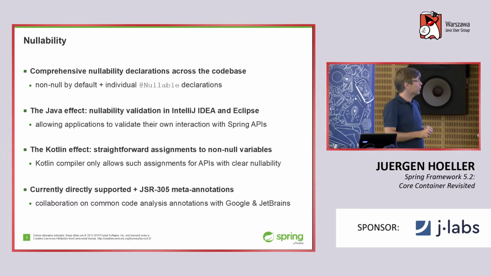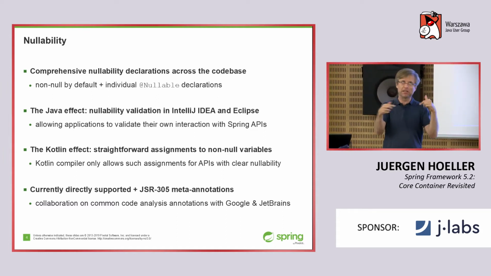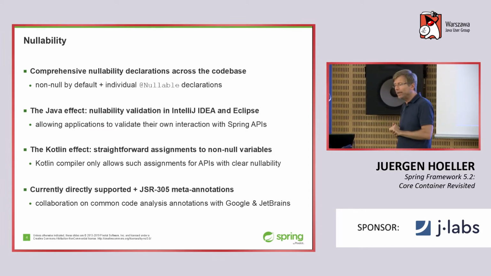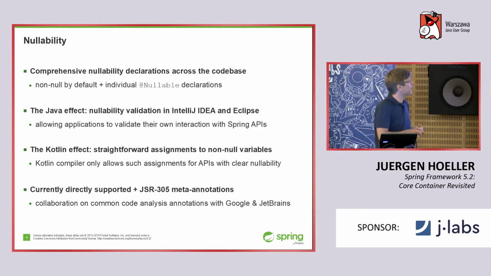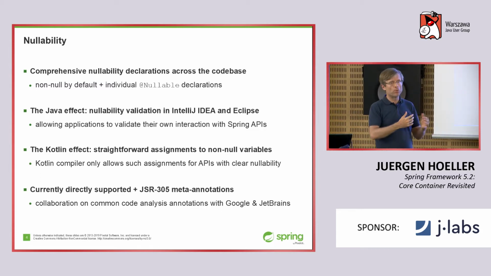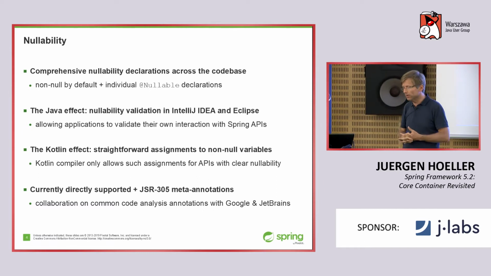We're not talking about Javadoc text, right, where we used to say this can be null, this can never be null, may be null, whatever. This may so quickly become out of date and it may not be very telling. This is a formal declaration that can be validated by tools, and that's exactly what we're doing ourselves. We're using in particular IntelliJ IDEA and its nullability support.